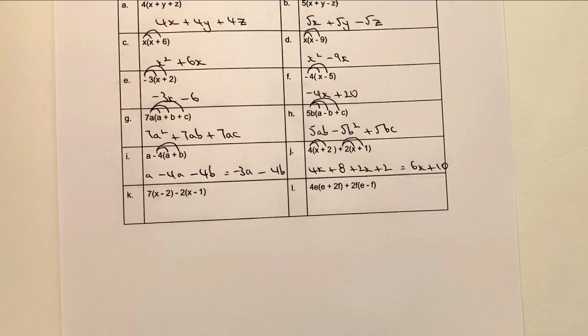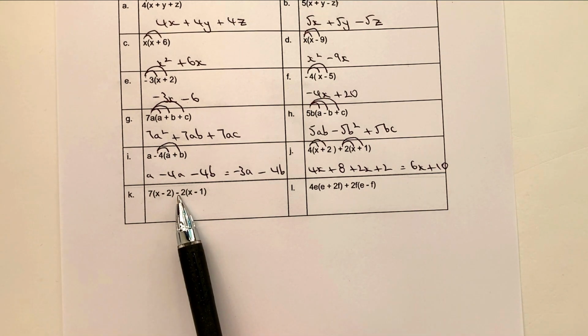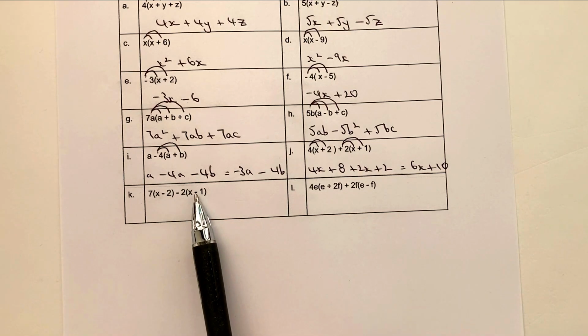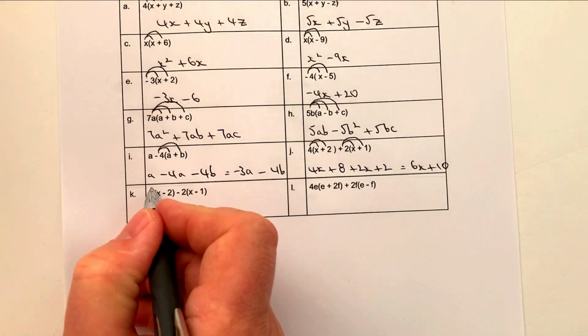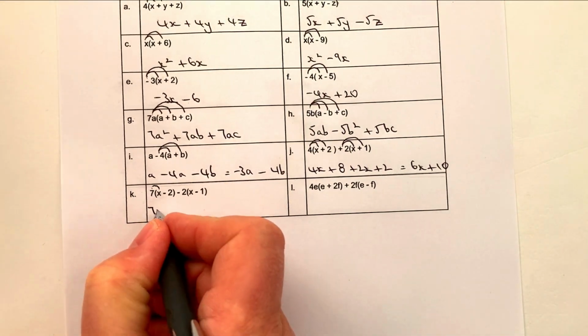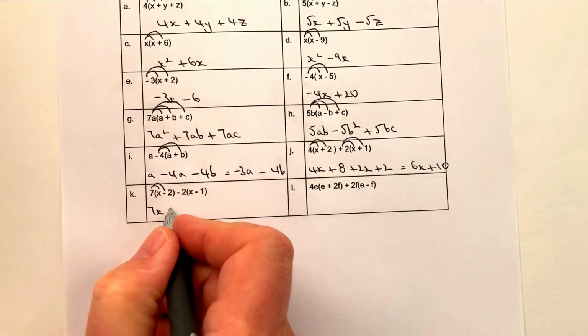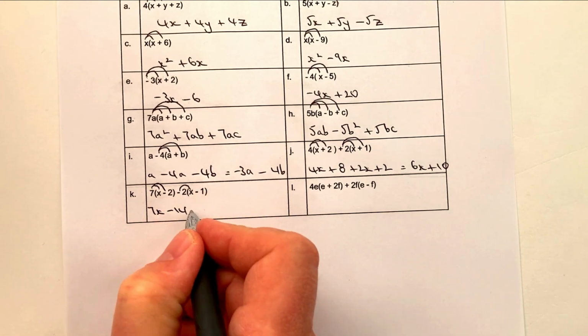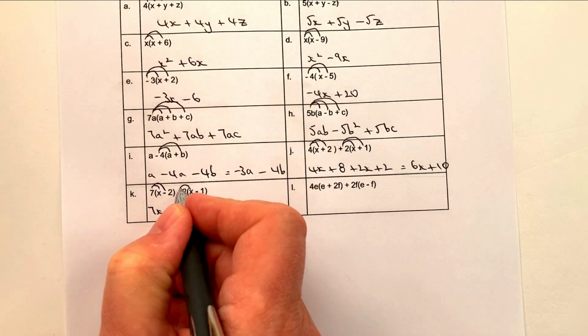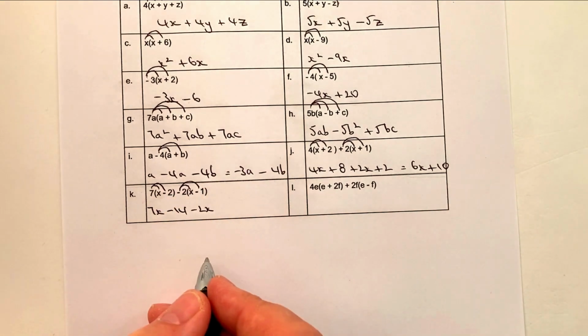All right, so with K, I'm just going to be a little bit careful here because we've got this negative again right in the middle there, so that's going to have an impact upon this negative. Okay, so let's have a look. We've got 7 times x is 7x. 7 times minus 2 is minus 14. I've got minus 2 times x is minus 2x. And then I've got minus 2 times minus 1.